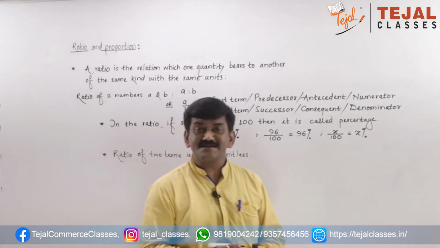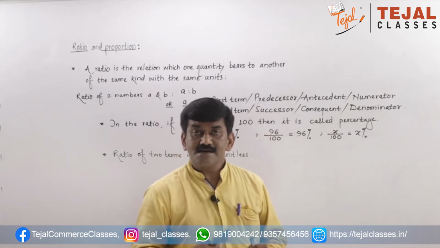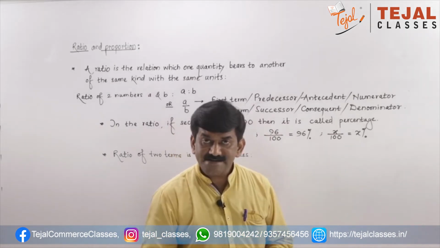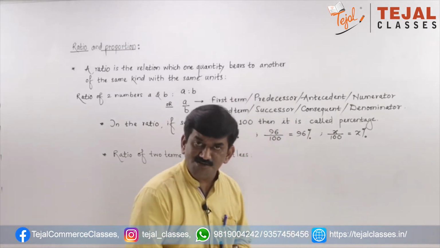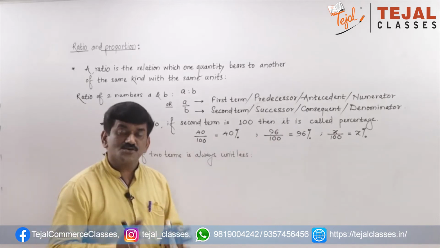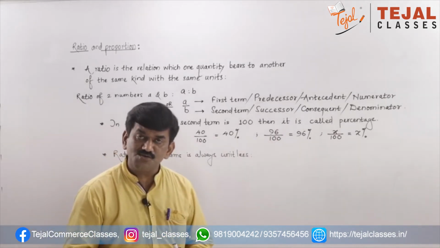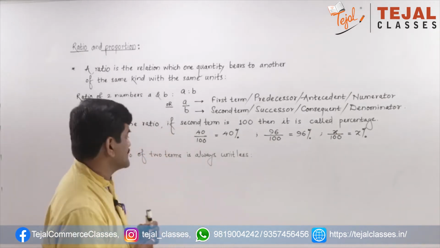There is an important concept regarding this ratio. See, if numerator and denominator are multiplied by the same non-zero number, then also the ratio remains constant. The value of that ratio remains unchanged. How? Watch carefully.